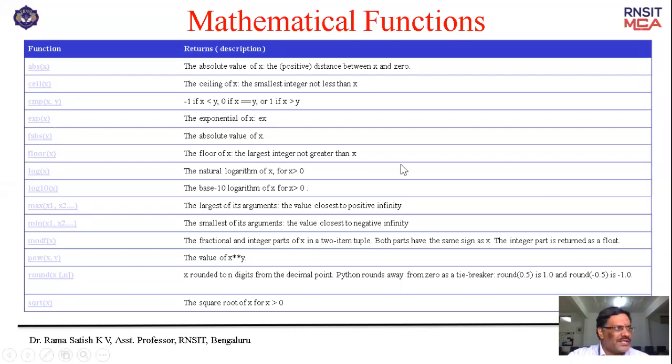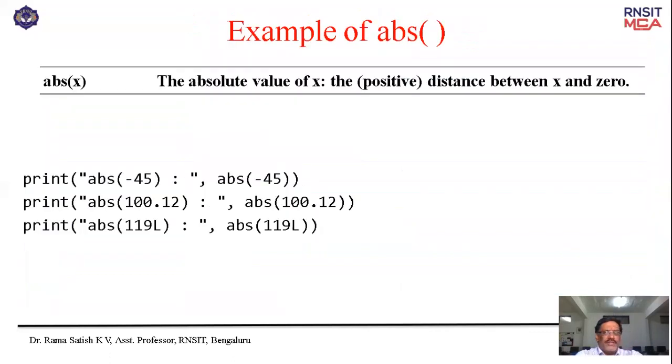Here comes the first mathematical function, ABS. I think you know it very well. It will give you the absolute value of a number. Absolute value means the value where you display only the positive value.